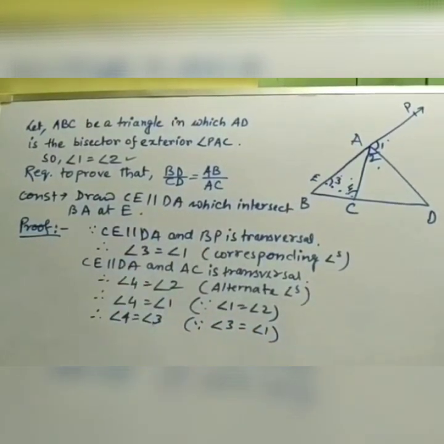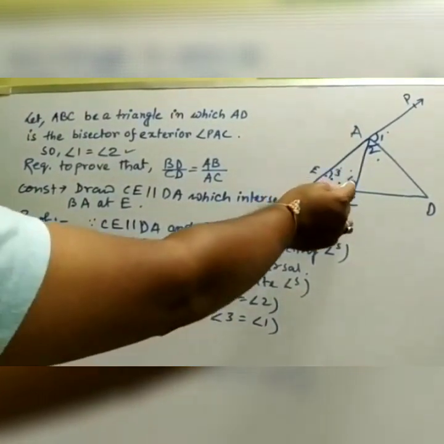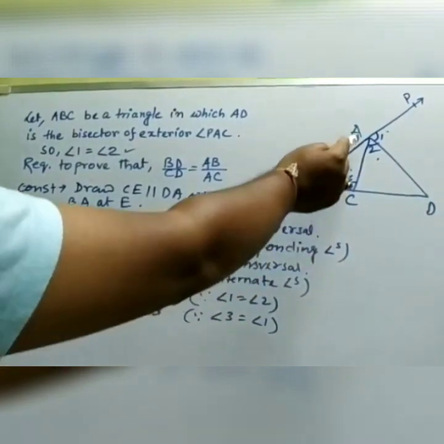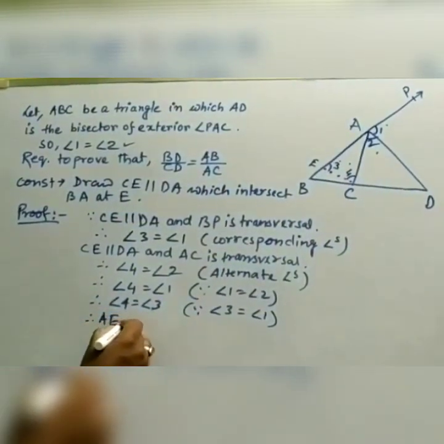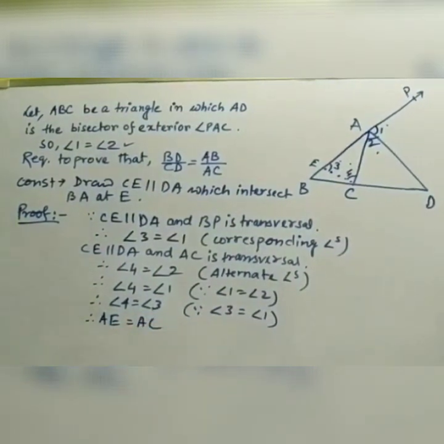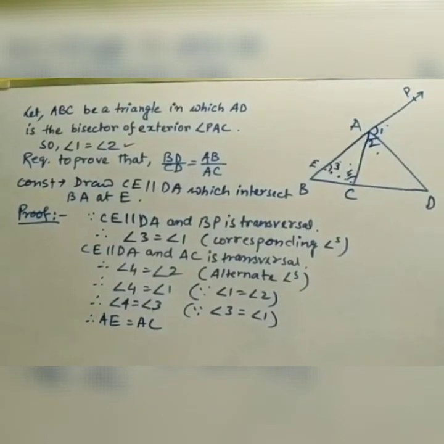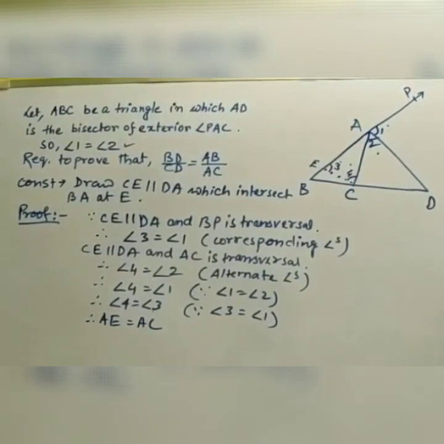Okay, that's why angle 1 is replaced by angle 3. So similarly, these 3 and 4, both the angles are equal. So the opposite sides are also the same, that is AE and AC. Therefore, we have AE equals AC, both sides are equal because sides opposite to equal angles of a triangle are equal. So that we have got.